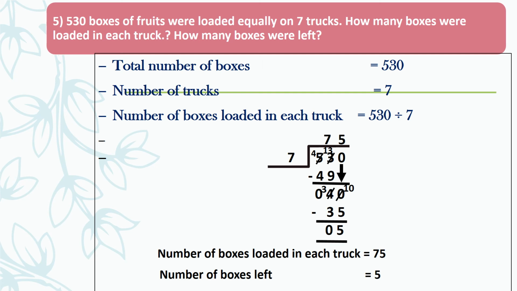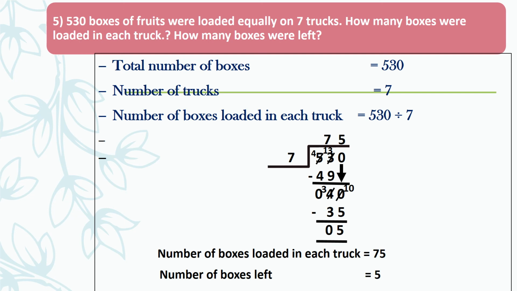Total number of boxes is 530. Number of trucks is 7. This is the information that has been given to us. What we need to find out first: number of boxes loaded in each truck is equal to 530 divided by 7. So let's divide 530 by 7. Since 5 is less than 7, we take 53.